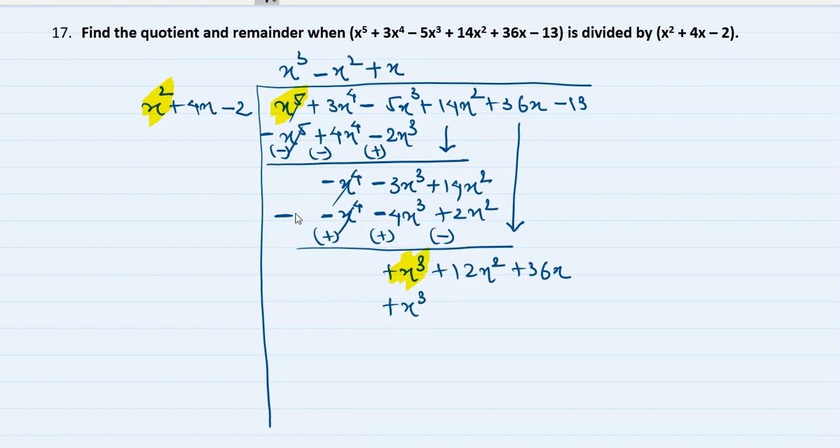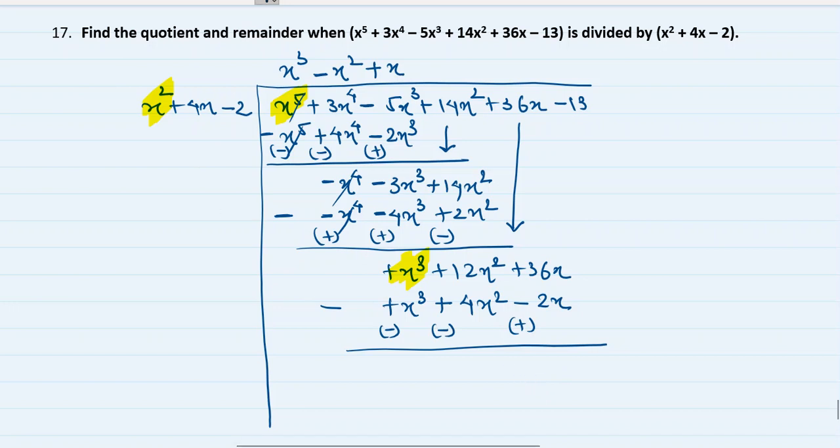Plus x multiplied by plus 4x is plus 4x square. Plus x multiplied by minus 2 is minus 2x. Okay. Now this will become minus, this will become minus, and this will become plus. So what will happen here?